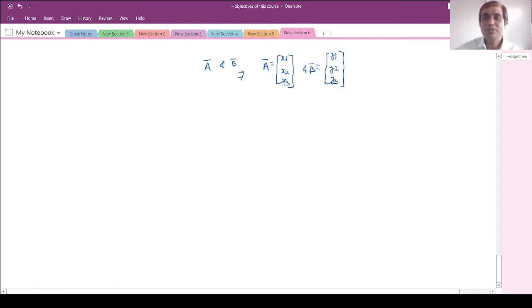To get a bar dot b bar, I simply do element-wise multiplication: x1 y1 plus x2 y2 plus x3 y3. With this I get a scalar quantity. This is my dot product.